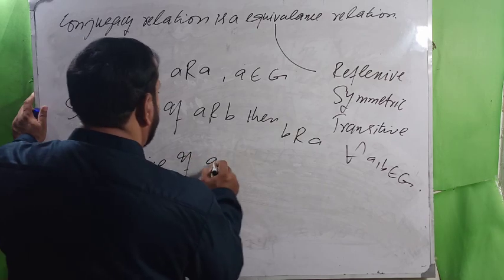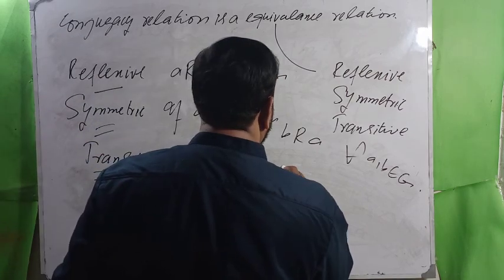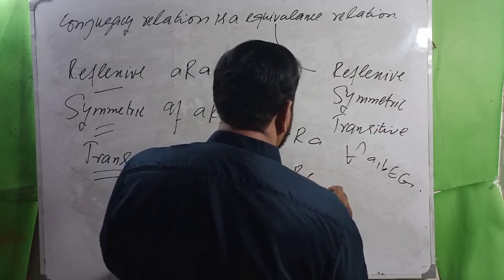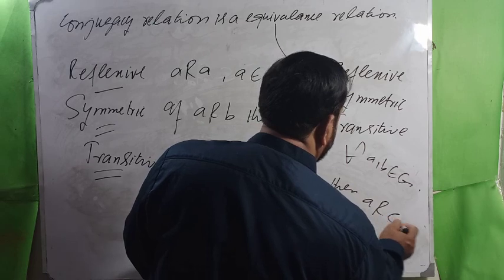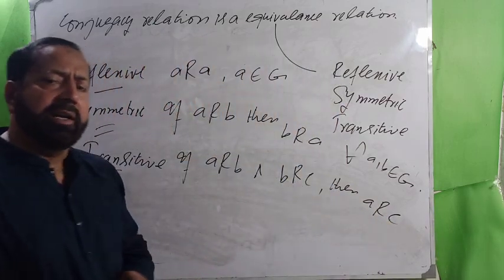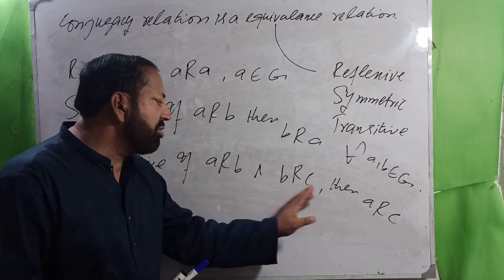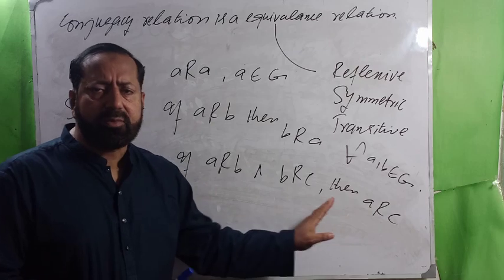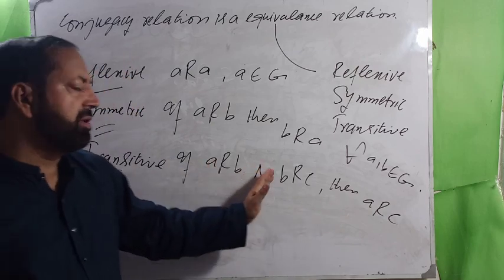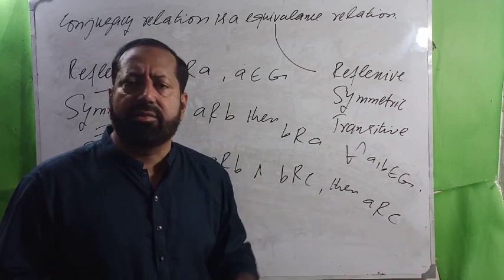So, if A related to B and B related to C, then A related to C. This means that if B is conjugate to A and C is conjugate to B, then of course C is conjugate to A. This is called the transitivity.